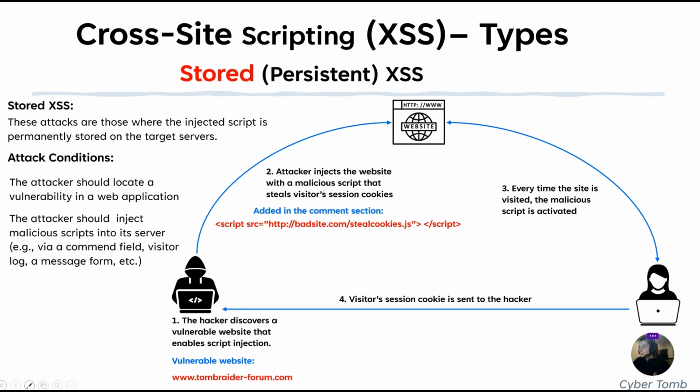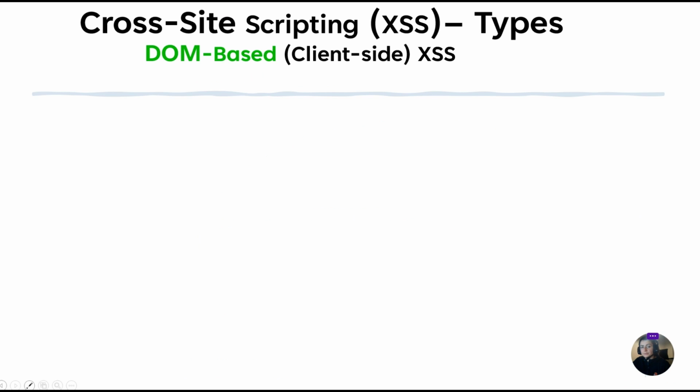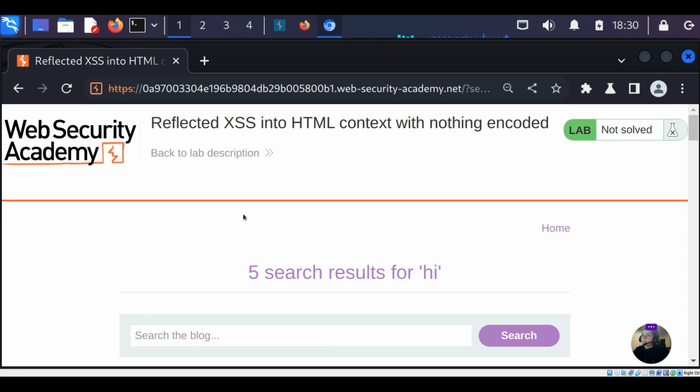Let's see both examples, one for the reflected and one for the stored cross-site scripting, within the next video. Thank you. Hello, okay, now I'll be showing the reflected cross-site scripting.